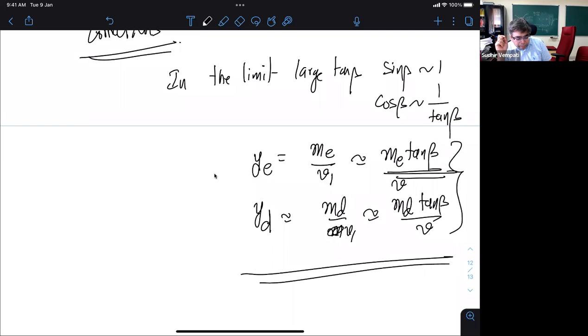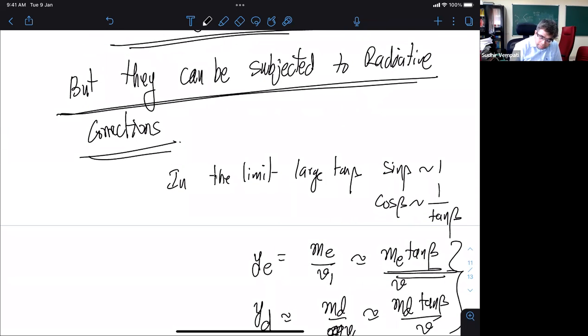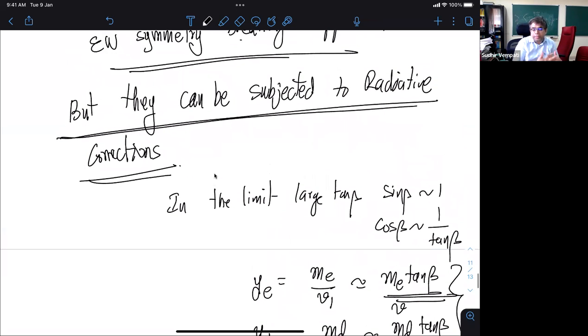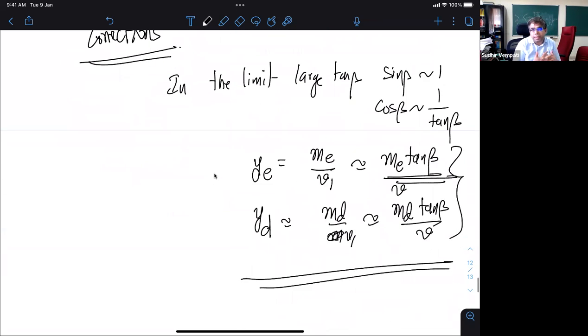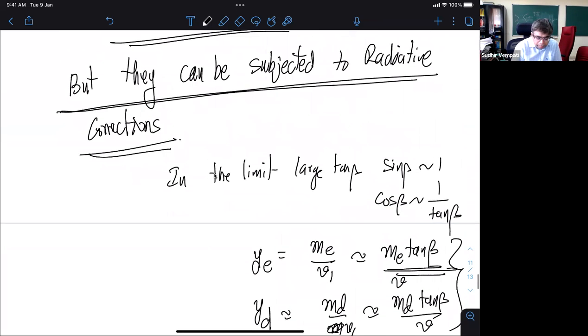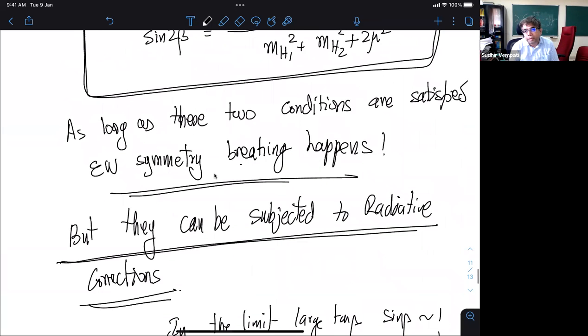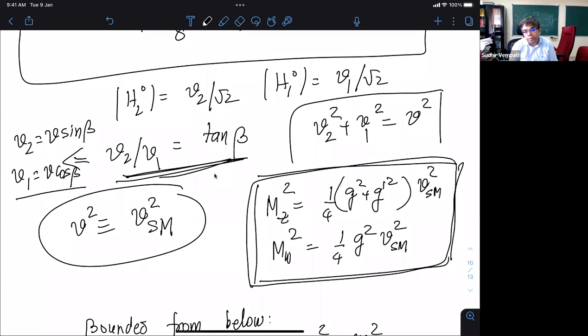Do you agree with this? Yes. Okay. So the down type Yukawas should increase with large tan beta. That's typically the thing. But of course, if you look at some old papers, you find both notations, meaning there are some old papers with V1 by V2.